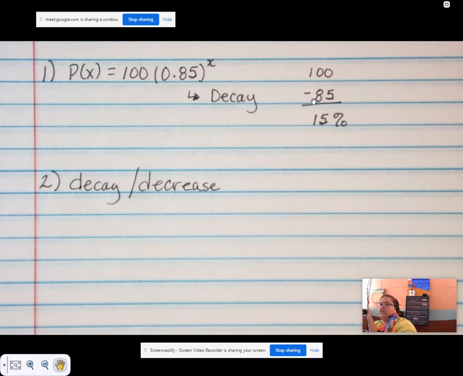Growth, increase, decay, decrease. Okay? So, as I look at the table, what percent of depreciation is used? How am I going to find that out? Remember, it's a rate of change.